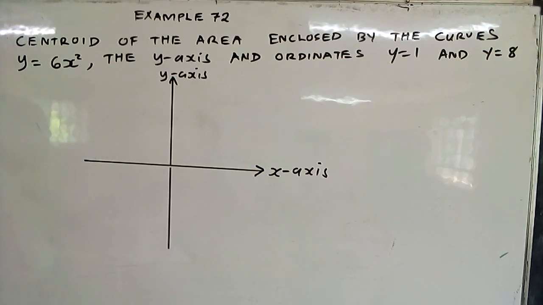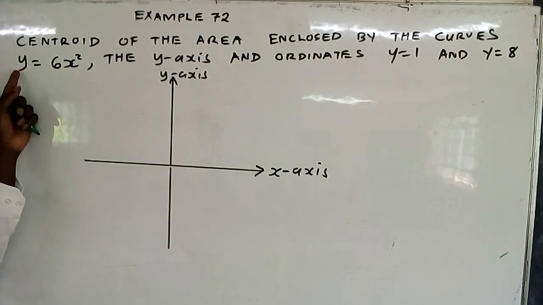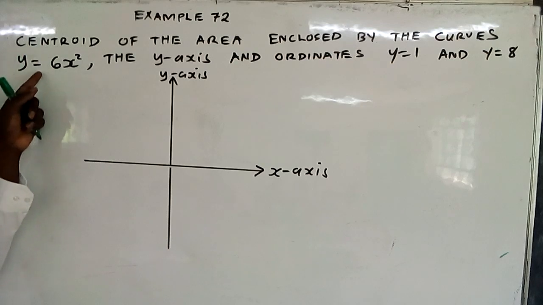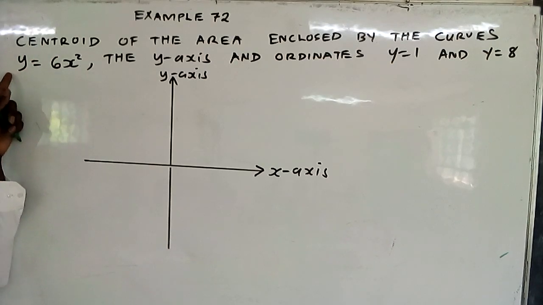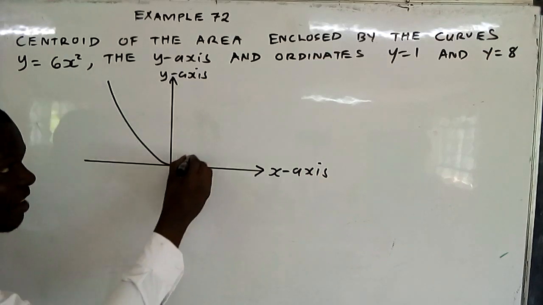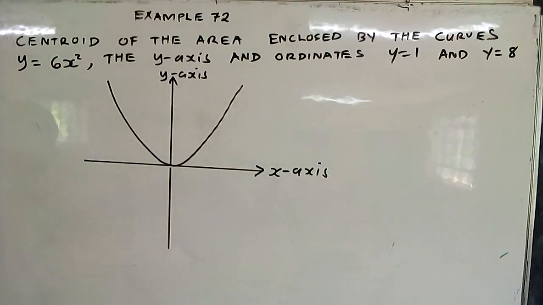How does that parabola move? If you find the square root on both sides, you get the square root of 6 times x to be the square root of y, isn't it? So when you have the square root of y, the value of y must be positive, meaning this parabola is curving along the positive y-axis. You know how to sketch the parabolas.